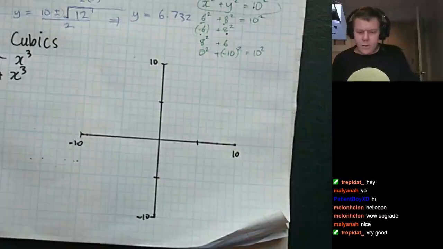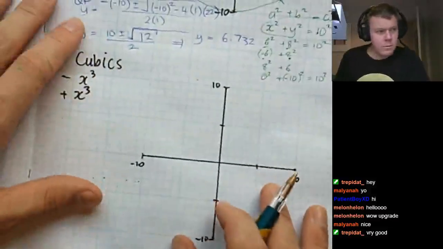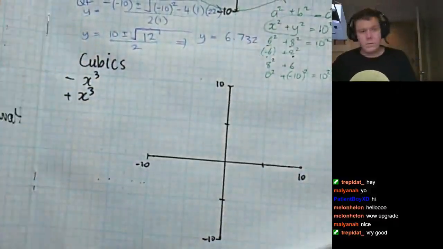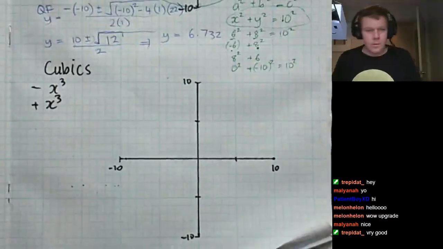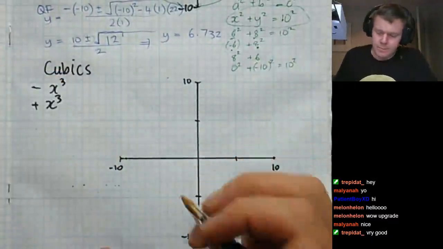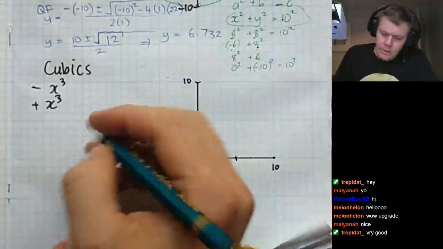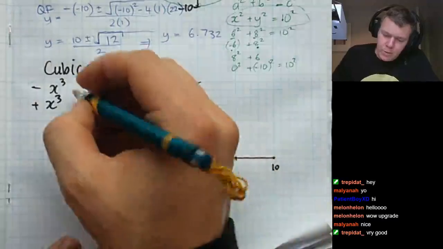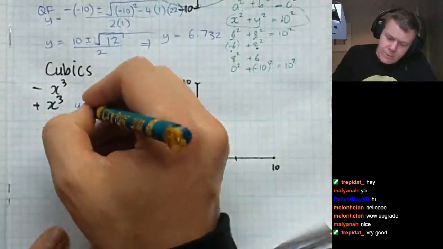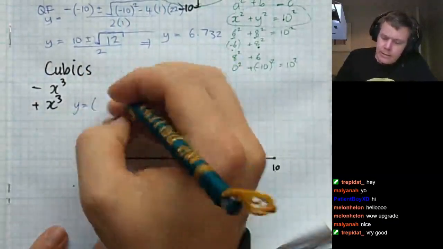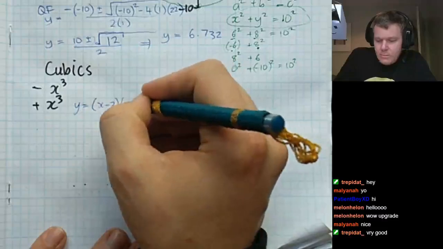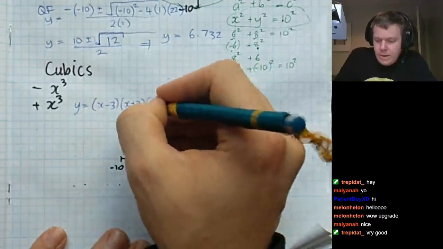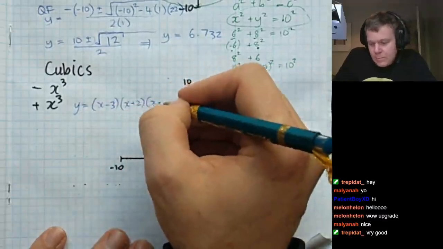All right. So cubics. You guys will be given cubics which are factorized, so they'll look like x minus 3, x plus 2, x plus 5.